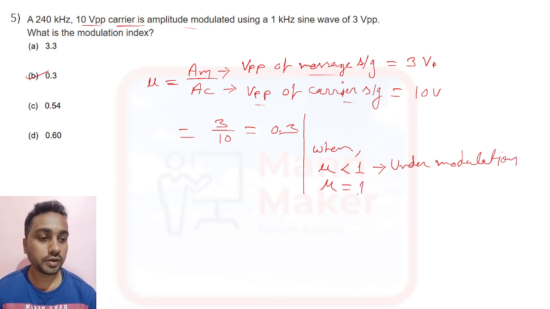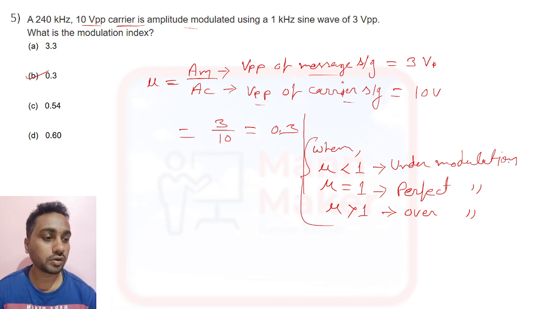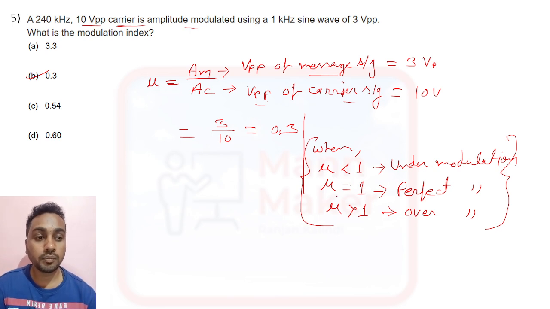When mu is equal to 1, it is called perfect modulation, and when mu is greater than 1, it is called over modulation. So these 3 points you need to remember. Sometimes they will ask, if the modulation index is 1, what kind of modulation is it? You have to answer perfect modulation. Like this you have to remember.